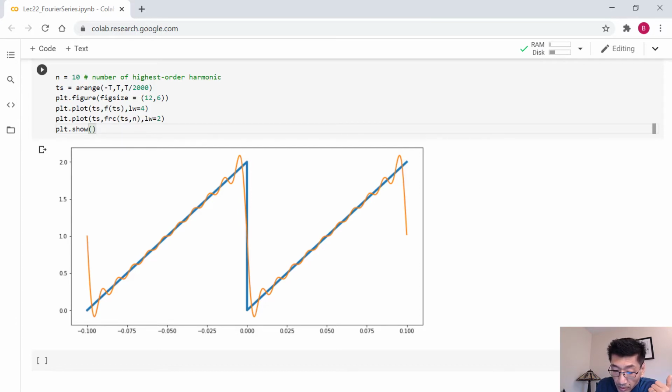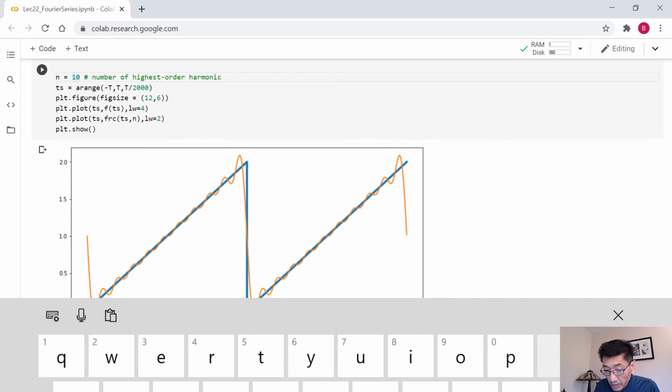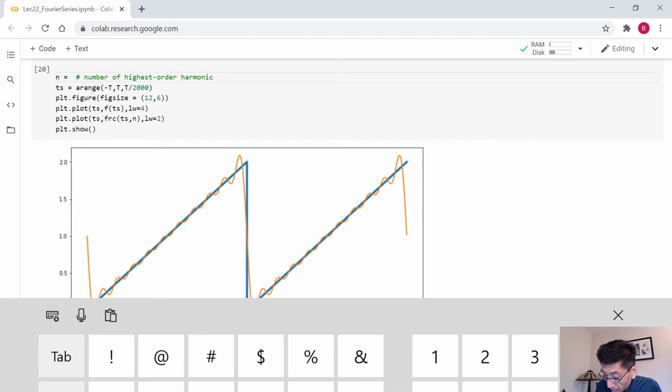Right now I have 22,000 points. And let's see if I change this to 50.